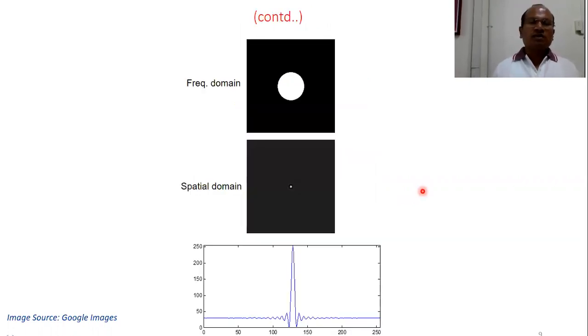This is one comparison between the frequency domain and the spatial domain. We have already discussed the advantages of frequency domain filtering, where you can precisely choose the cutoff distance and filter your image.